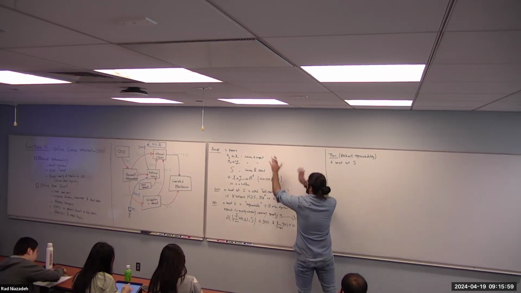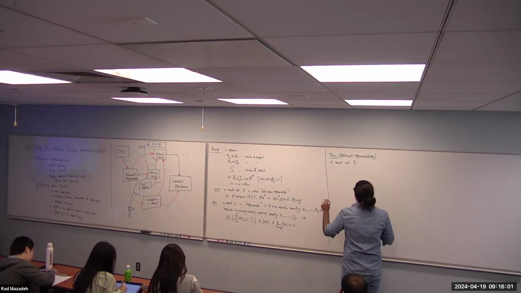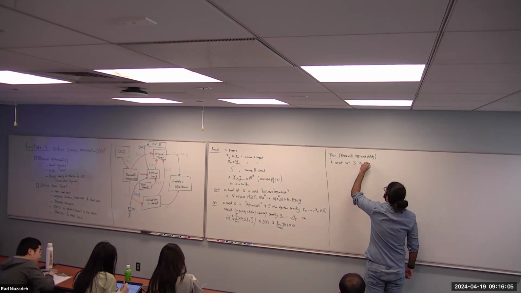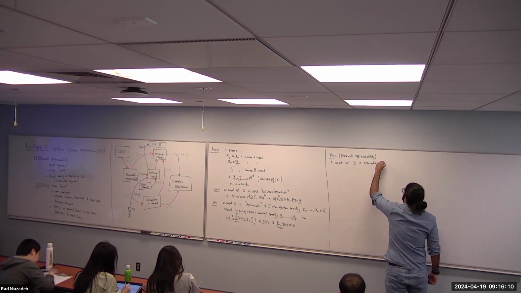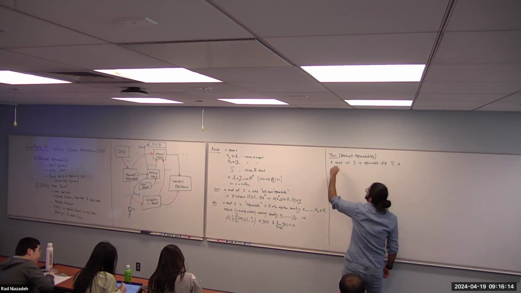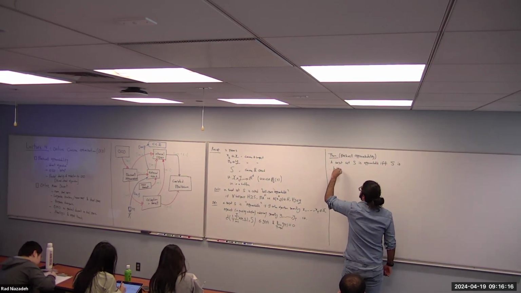All these criteria are satisfied throughout. The target set S is approachable if and only if S is half-space approachable.